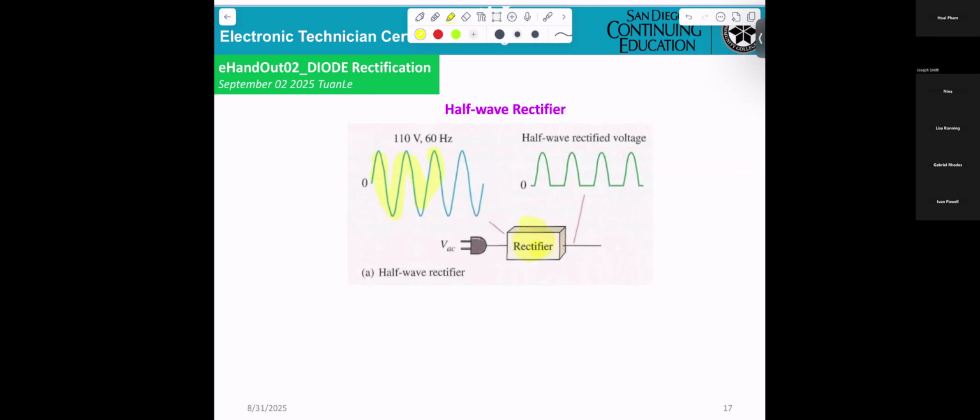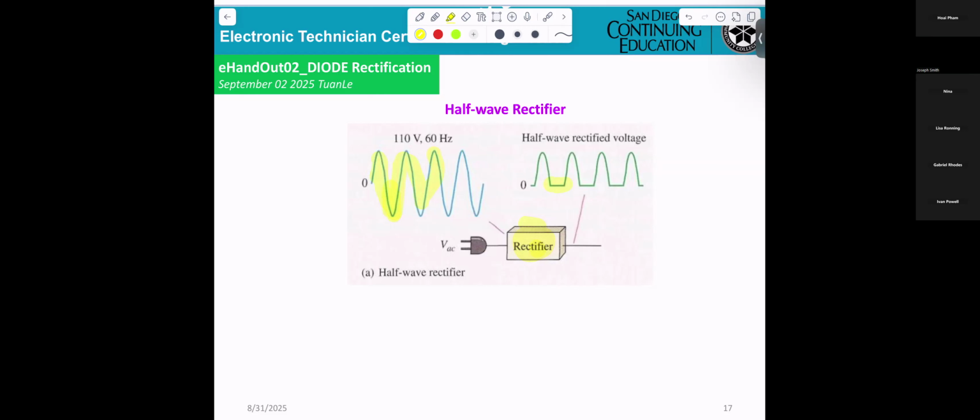Okay, so this is a sine wave, and they go to the rectifier. They want to delete the negative and keep only the positive. That's half-wave, that means they only let half of the sine wave come out.